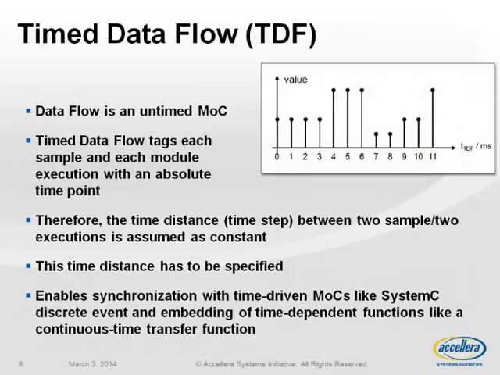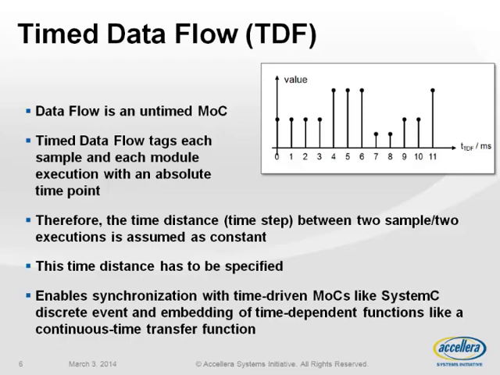Just as a reminder, data flow itself is an untimed model of computation, and we basically just tag each sample with a certain timestamp. And in SystemC AMS 1.0, the distance between these samples was constant to simplify the synchronization between SystemC, discrete event, and TDF.